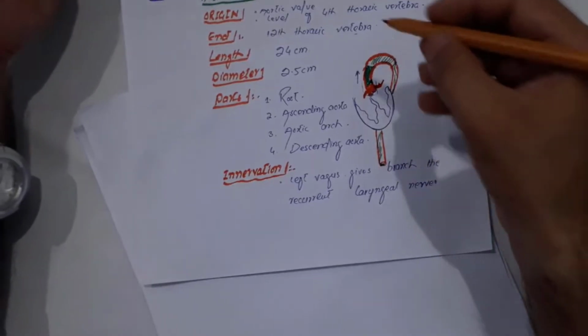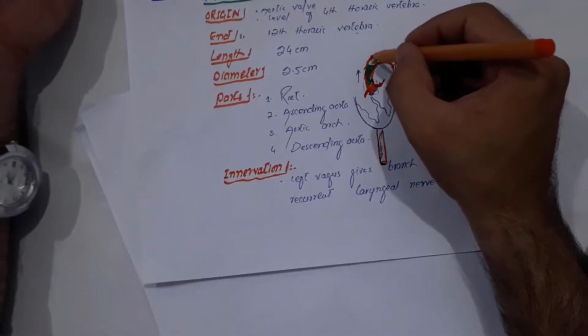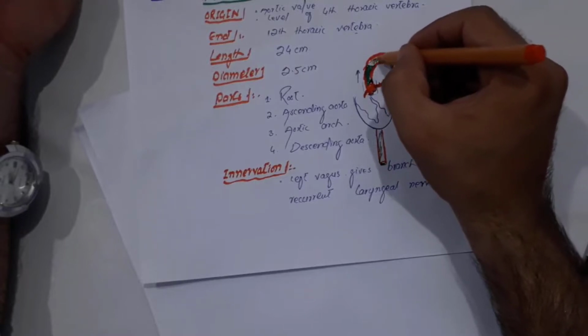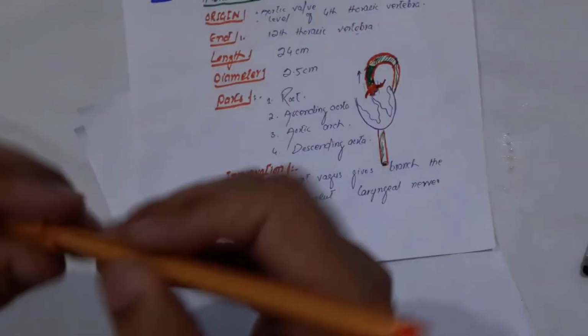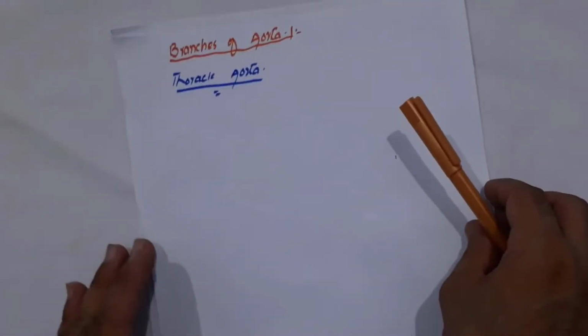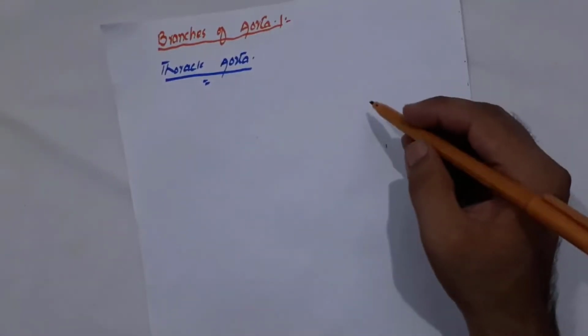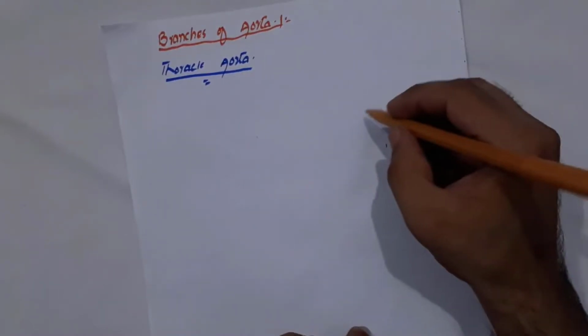The next branches which arise from the thoracic aorta will be from the aortic arch. So let me discuss here the branches of thoracic aorta. Thoracic aorta gives off branches from three important regions. Let me draw the thoracic aorta again here.